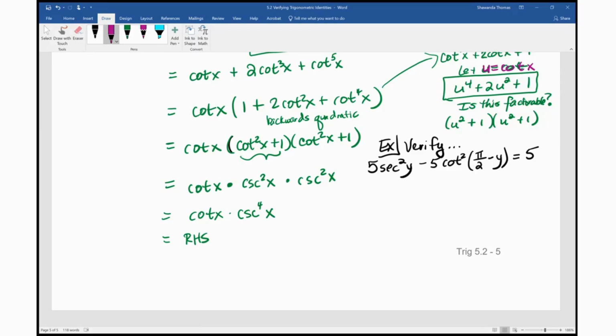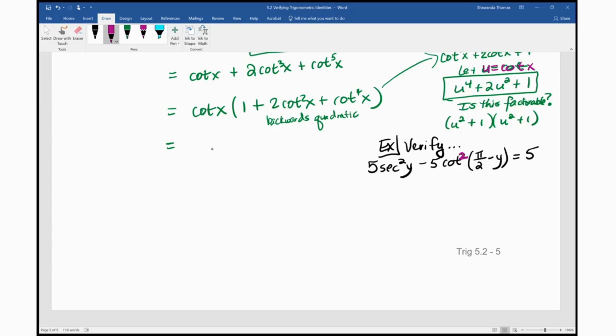And now since ours is squared, what do you think we have to do with the tan y? If this is squared, then we also have to square that. So let me write the co-function identity that we are going to use for this one. It is cotangent of pi over 2 minus u equals tan of u, but obviously we are not using u.